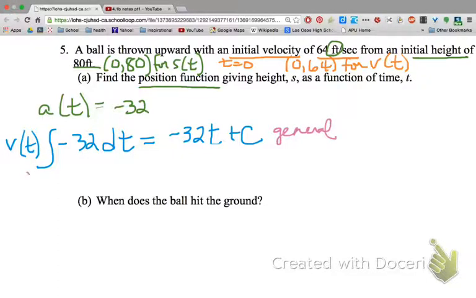So I'd like the specific velocity function.